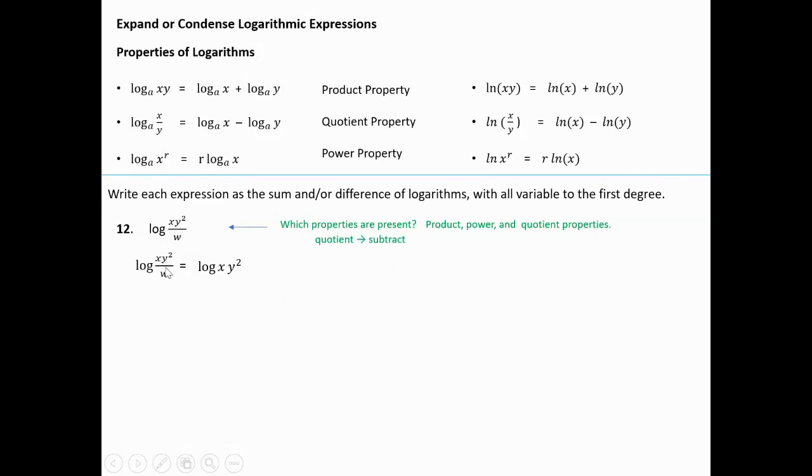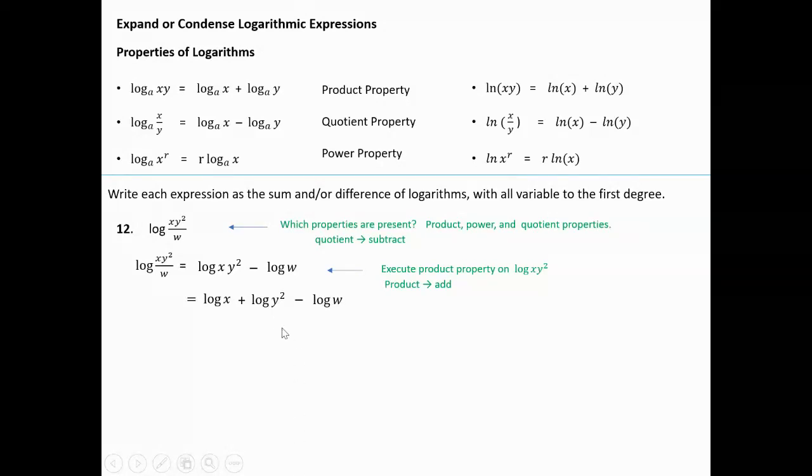Because if it's division, like this rule up here, division is going to be subtraction. So we start with that. Then we're going to execute the product property. If you have multiplication, you separate them and add them. We're going to have log of x plus log of y squared minus log of w.